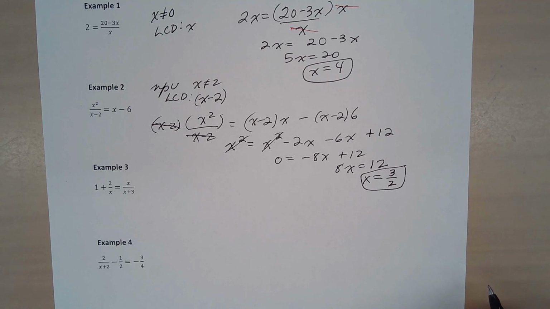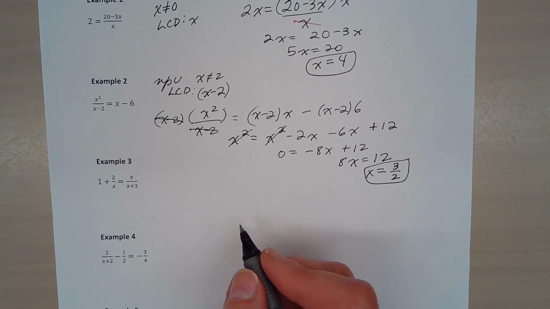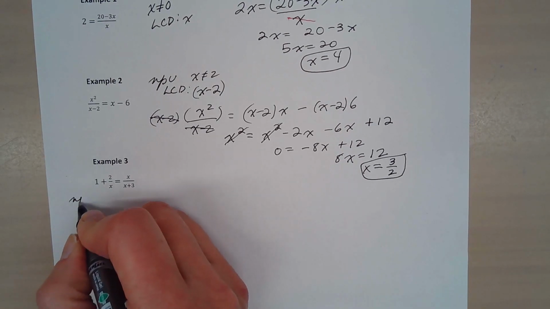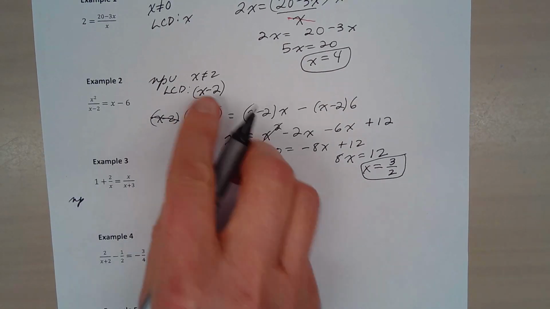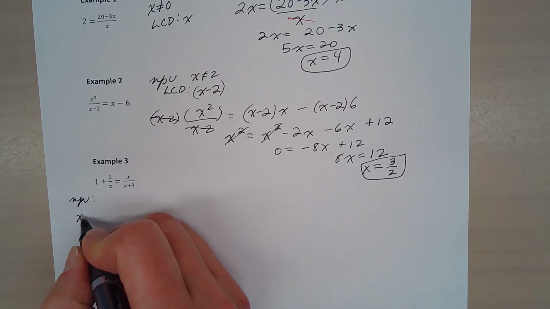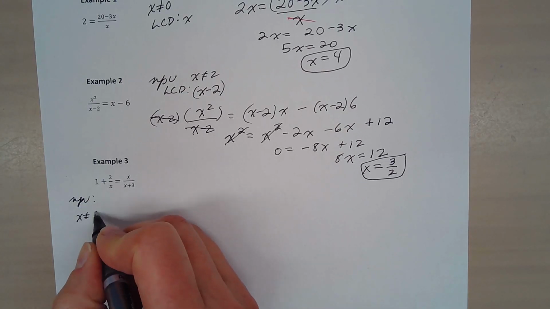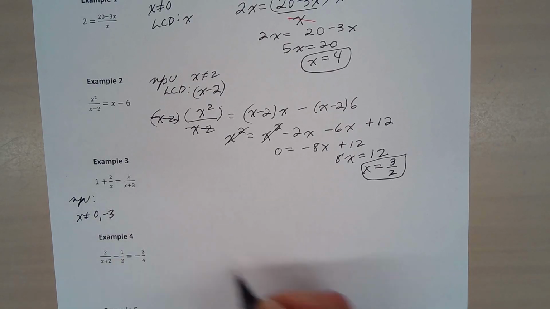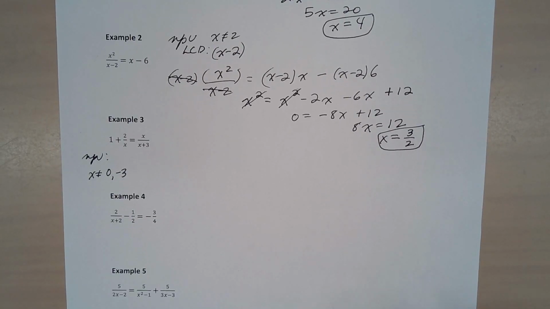Okay, what about this one? Slightly more complicated LCD, I think. Non-permissible values. Oh, I should check my non-permissibles, but it's fine, right? X can't equal 0 or negative 3, right? Okay. What's your LCD?